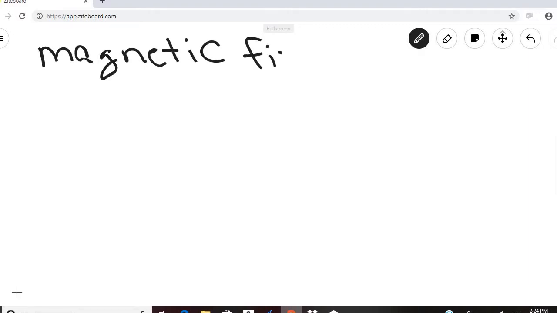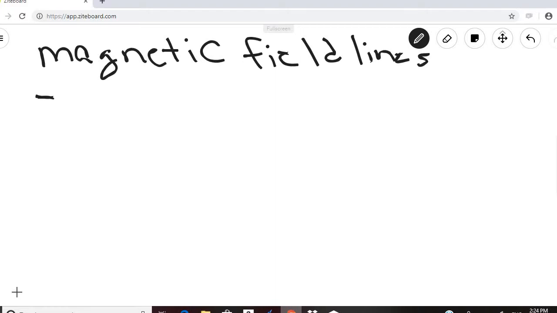And just like with electric charges you can draw electric field lines, well, we can also draw magnetic field lines. And here's some of the characteristics.